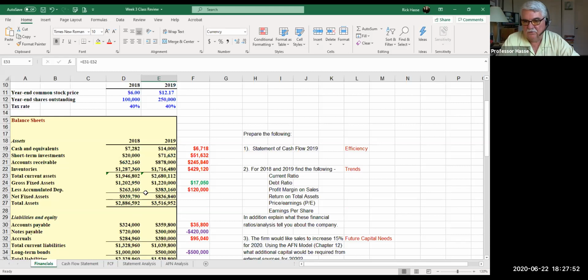Please excuse me for this corny expression, but financial statements are like looking under the hood of a company. Looking under the hood, seeing the details, the inner workings of a company. Are they generating profits? How much debt do they have to finance their assets? Why? Because debt requires interest.